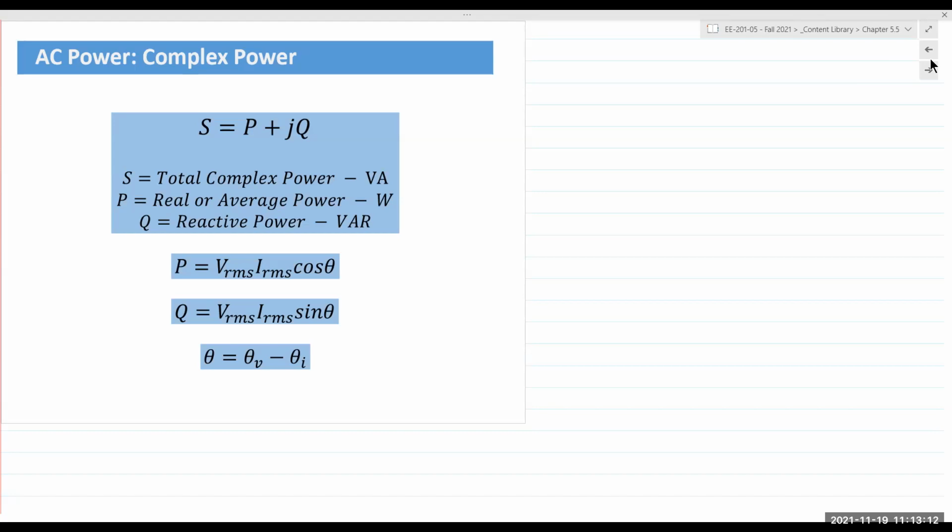So if you have a utility company that is hundreds of miles away from a customer, you have transmission lines running hundreds of miles, the utility company is not only sending real power, it also has to send reactive power. The reactive power will be absorbed by the inductive load and it will be sent back. Constantly traveling back and forth along the lines is going to cause a huge power loss, right?